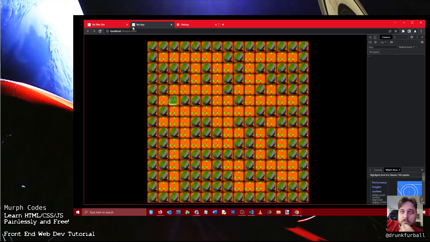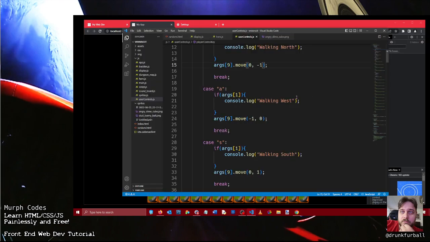Got that little jiggle to his walk. Now, like I said, we'll probably have to tinker with the numbers a bit.